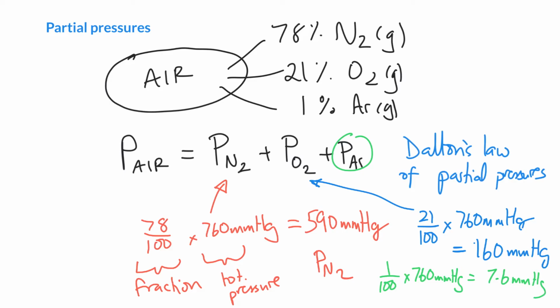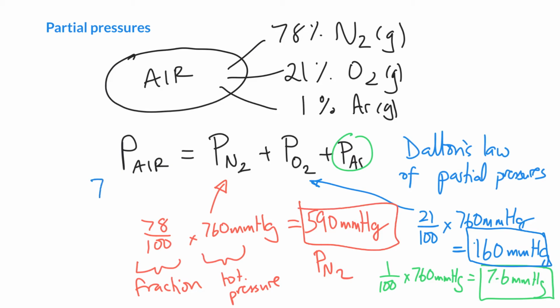And if we add all those up, if we add together the 7.6 with the 160 from the oxygen with the 590 from the nitrogen, we should get something very close to the total pressure, 760 millimeters of mercury. So that makes sense. It should all add up. So when you split the bill at the restaurant, all the individual portions should add up to the total amount. Now, with rounding, I think it probably doesn't come out quite exactly right with this problem here, but it should be extremely close.